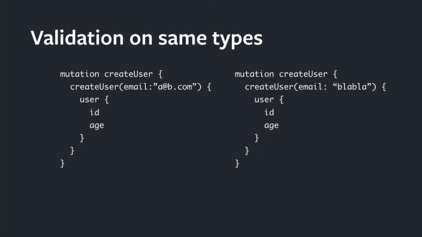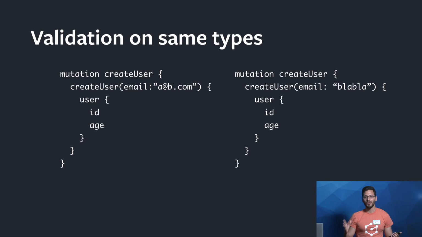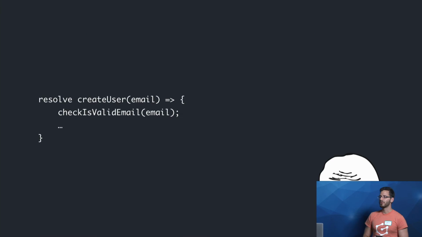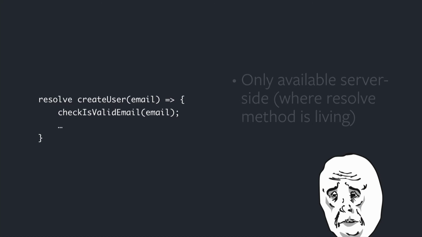But what happens, for example, if we want to create a user and we expect to receive an email, but email, as we all know, is a string, right? So in GraphQL, for handling this, we can either create a new type, an email type, which is kind of a string with validation, or we can add the validation in the resolver. But if we do that, what happens?